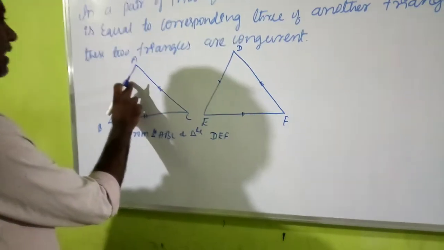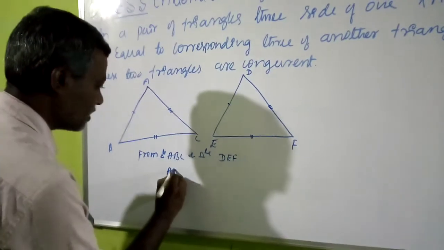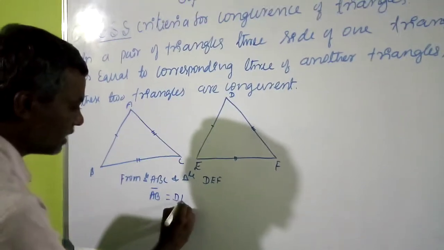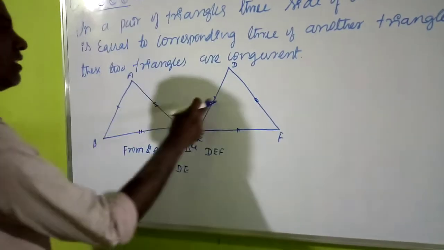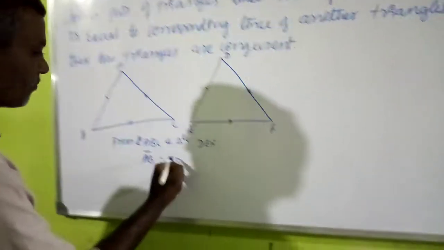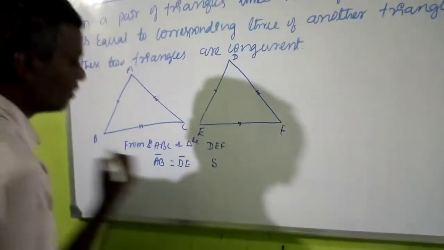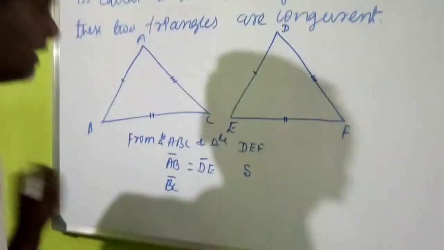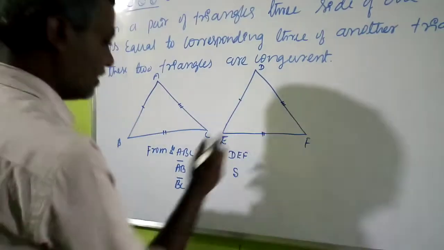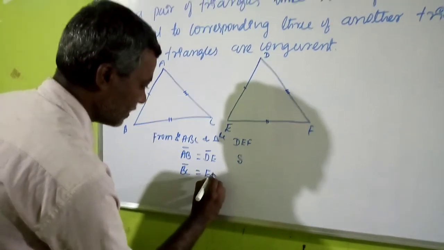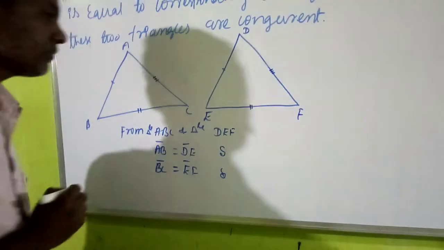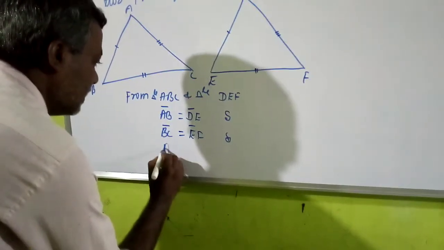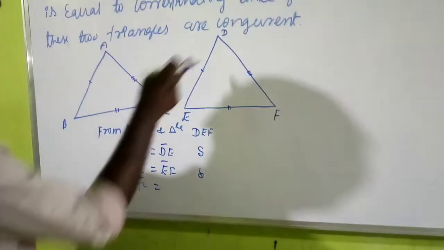In this triangle ABC, I take side AB. Its corresponding side is DE. I already told you in the last class, this is the symbolic representation of corresponding sides. So this is DE, this is a side. Next I will take side BC from triangle ABC. Its corresponding side in DEF is EF. Correct? So this is also a side. Next I will take AC from triangle ABC. Side AC is equal to side DF.